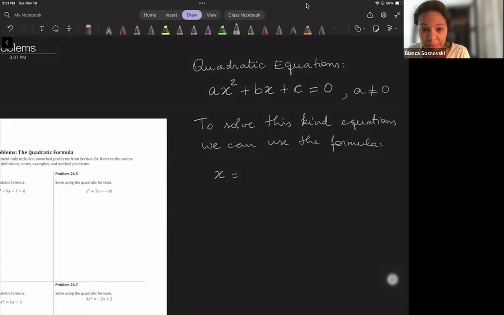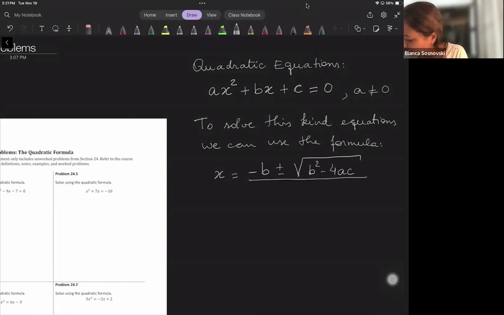So in order to find the answer for x, we're going to do minus b, the coefficient b, plus minus the square root of the following, b squared minus 4 times a times c. All of this, everything that's on the top of this line, we divide by 2 times a.